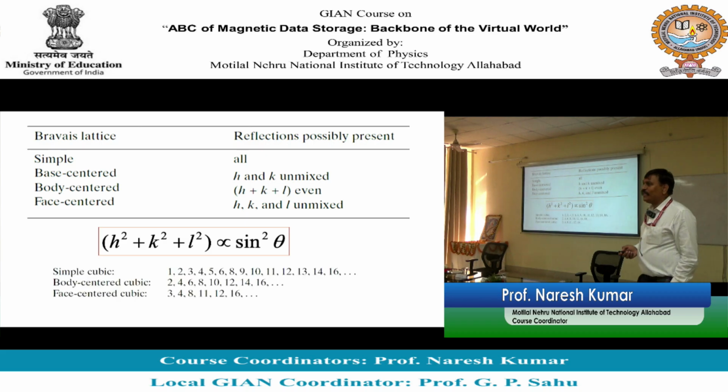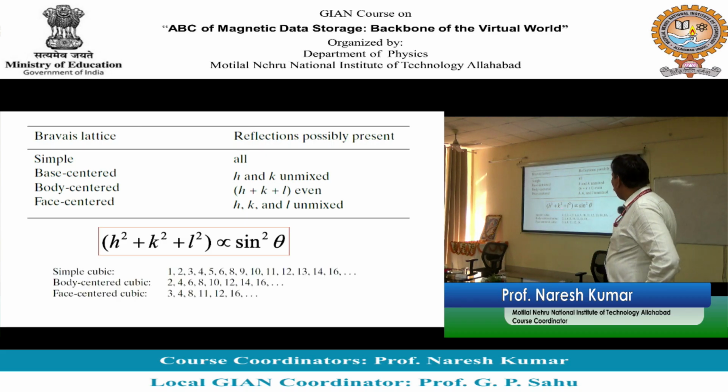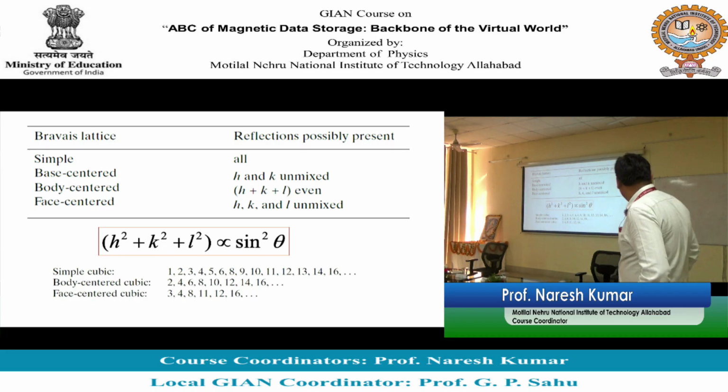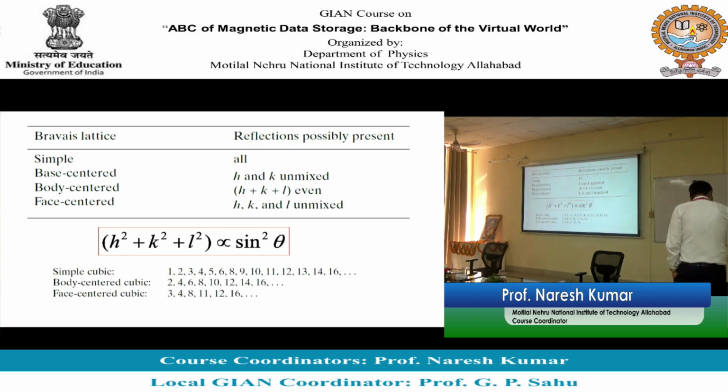So if you see this, यदि हम लोग h स्क्वायर प्लस k स्क्वायर प्लस l स्क्वायर का जो नंबर है ना, इस नंबर को देखें, if I am getting these numbers as 1, 2, 3, 4 this, then it is the simple cubic. If I am getting these numbers as 2, 4, 6, 8, that means it is body centered. If it is 3, 4, 8, then it is a, है ना, इसी से निकाल के लेके आ रहे हैं हम लोग.